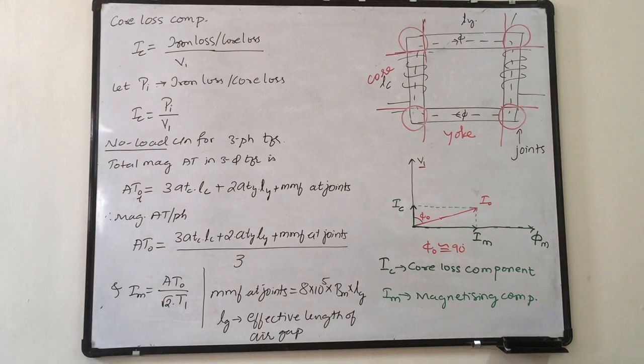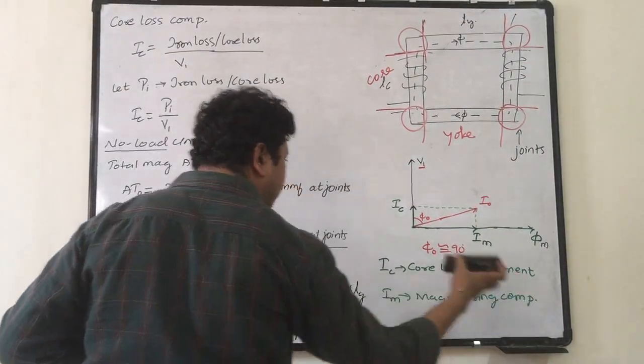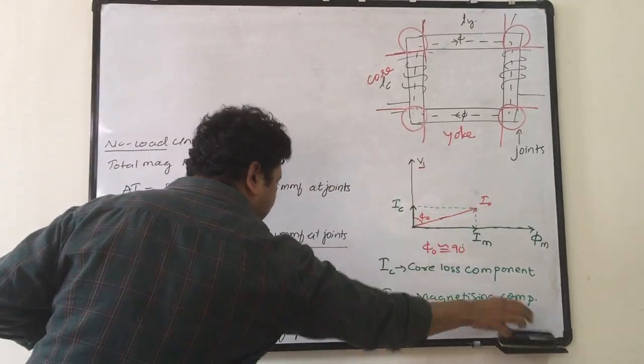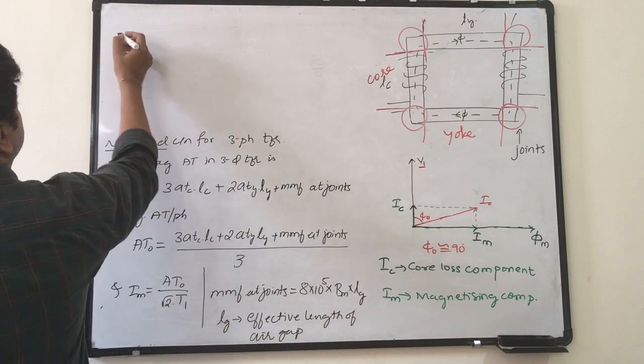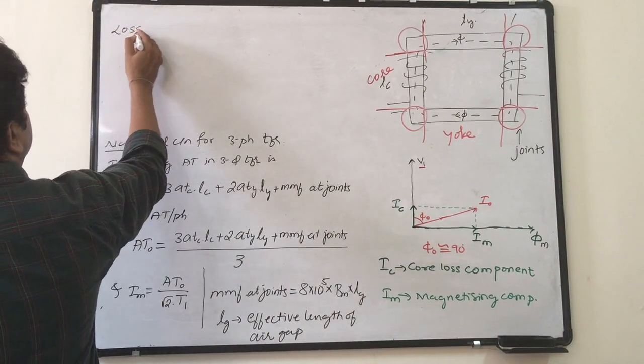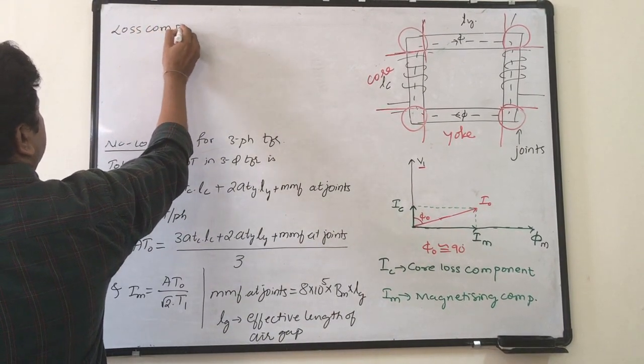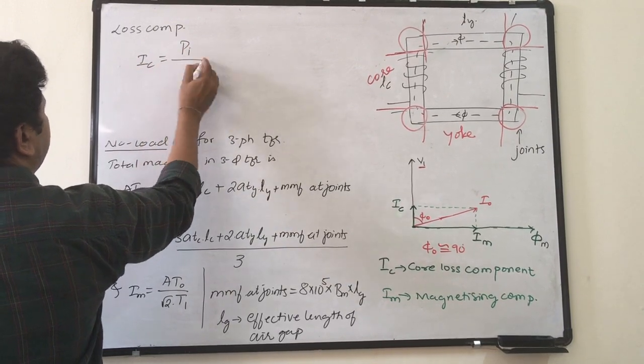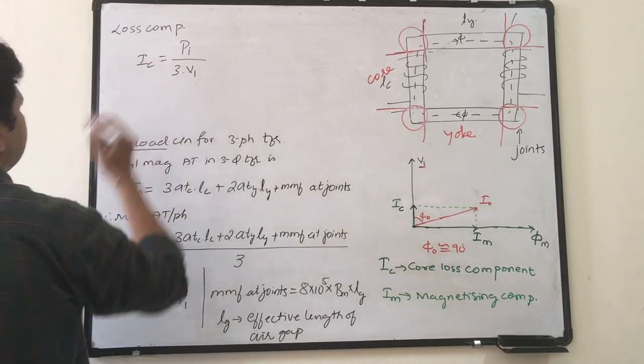Okay. And the loss component in three phase: IC is equal to Pi divided by 3 into V1.